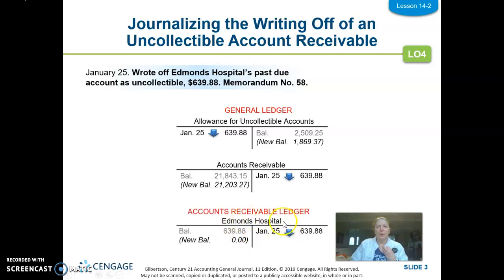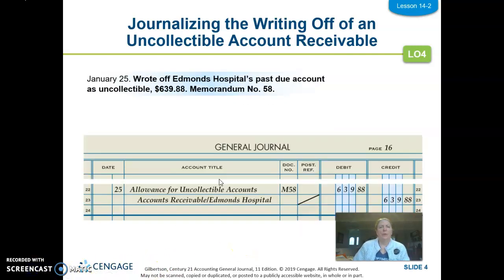They also showed you the accounts receivable ledger for Edmonds, where they owed us $639. We wrote off $639, so now the new balance for them is $0. The journal entry, and this is not an adjusting entry, this is just a normal journal entry that we made in January on the 25th because we realized at that point that they're so past due and they're probably not ever going to be collected, so we're writing it off, is in the general journal, and it's a memo.